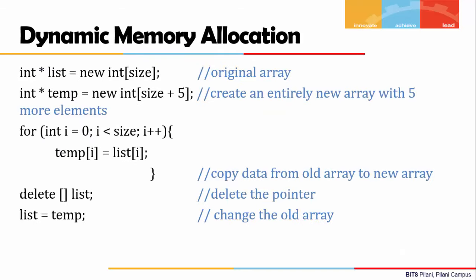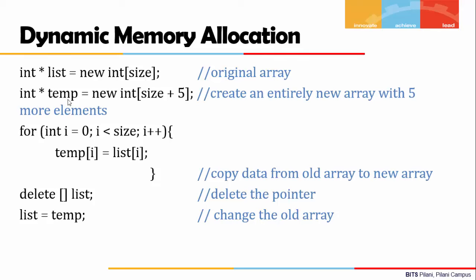Four main steps are required. First, this is our initial original array. We create an entirely new array with size plus 5 elements. So we need another pointer. We are using another pointer, temp, for this.